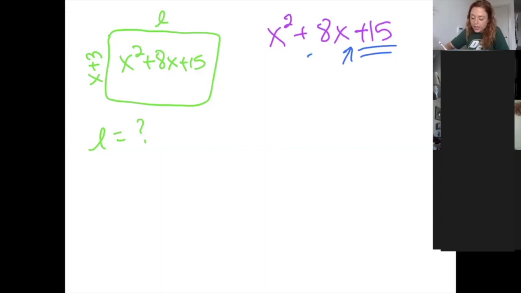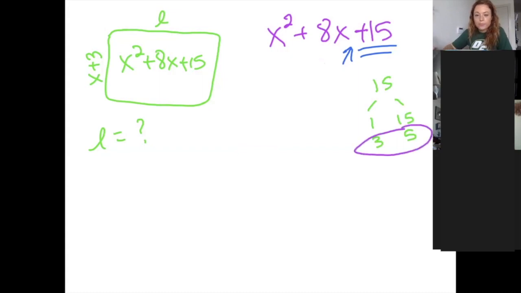Since it's a positive 15, they're going to add to give us the B value. If we break apart 15 again, it was 1 and 15, and then 3 and 5. It's positive 15, so they add to be 8. The add to be 8 would have been 3 and 5.